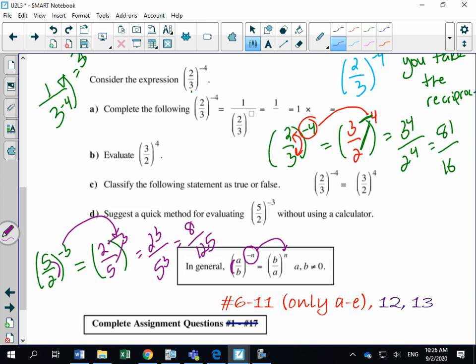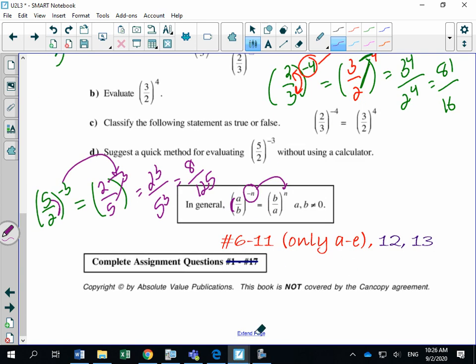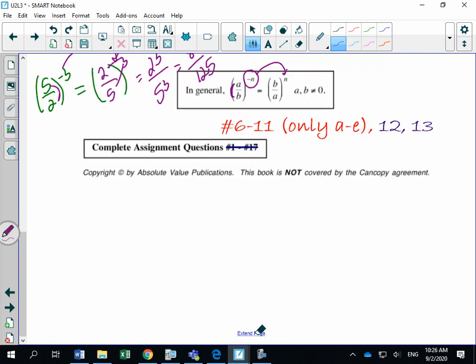What I want to show you now, before we get to the homework, is I'm going to give you something with letters. So let's say I gave you 2a over 3b to the negative 3.